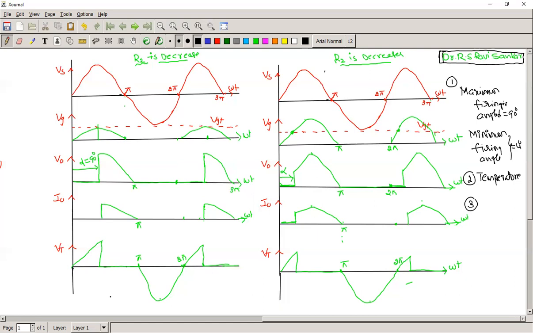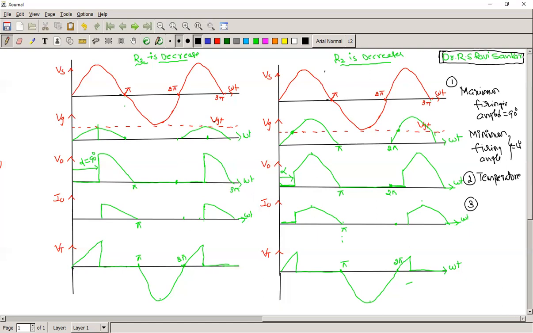So if any circuit consists of more than one SCR, it may not turn on the SCRs at the same instant, because the gate trigger voltage, which is given by the manufacturer, may be different from one SCR to the other. That is the third disadvantage.